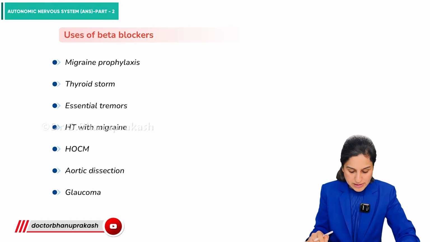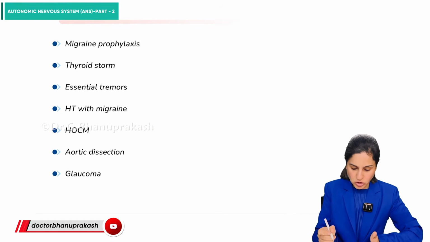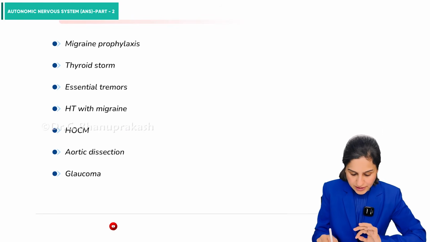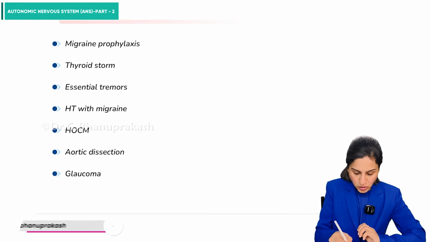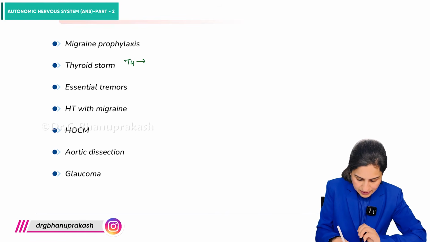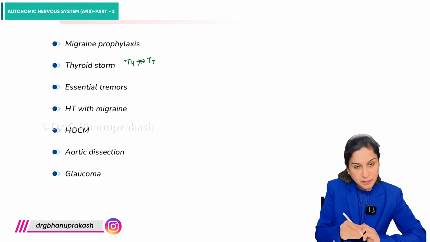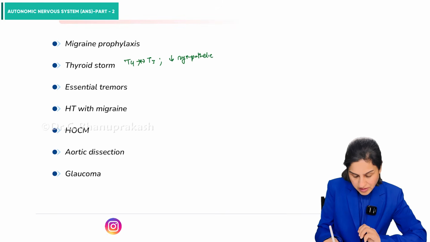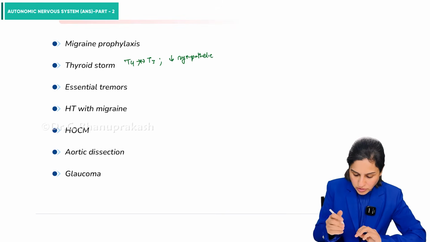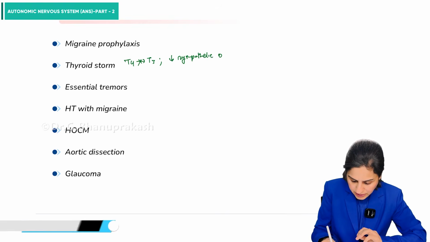Uses of beta blockers, important, they are a very important group of drugs for pharmacology. So for migraine prophylaxis, for thyroid storm, because they inhibit the peripheral conversion and also they decrease the sympathetic overactivity. The arrhythmias that we are really dreadful about, they take care of, decreasing the sympathetic overactivity.